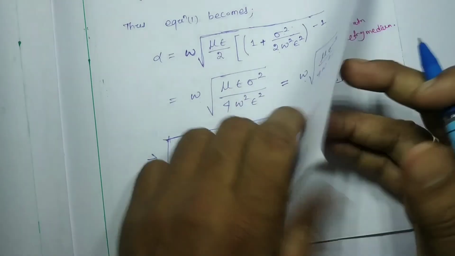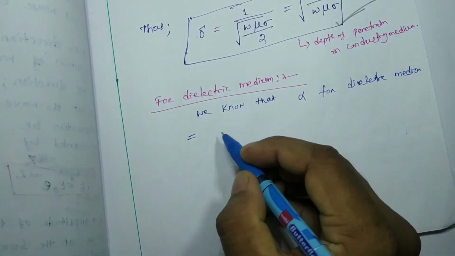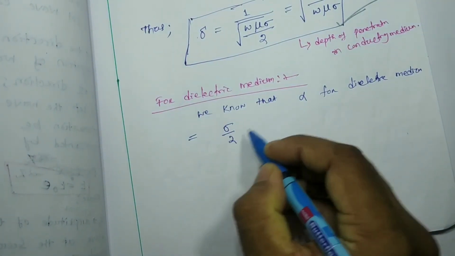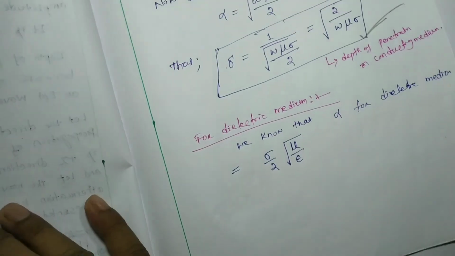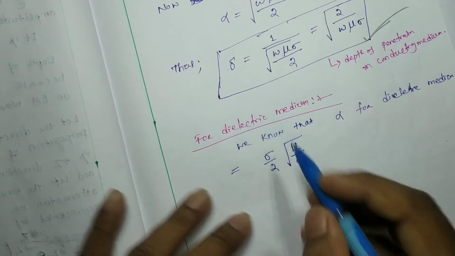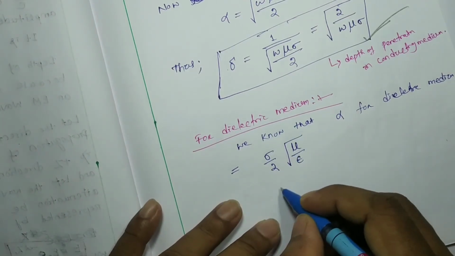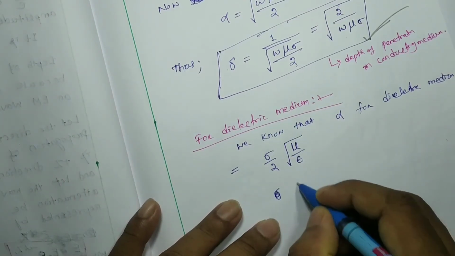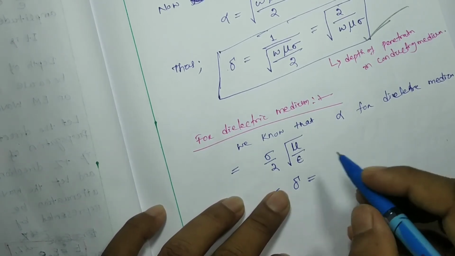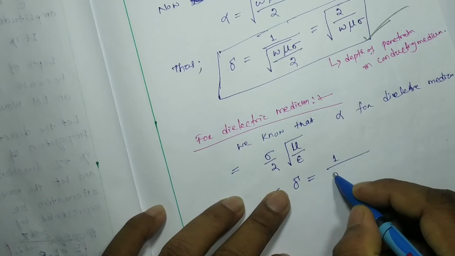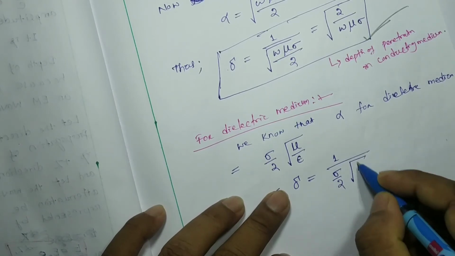Then the skin depth for this dielectric medium, delta, will be 1 by sigma by 2 root mu by epsilon.